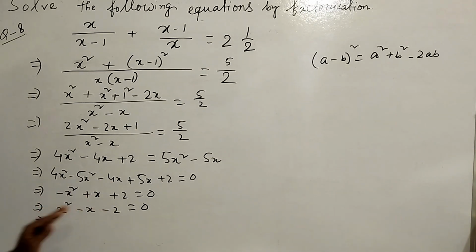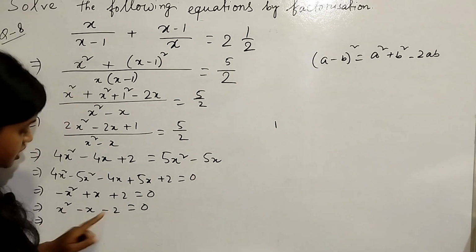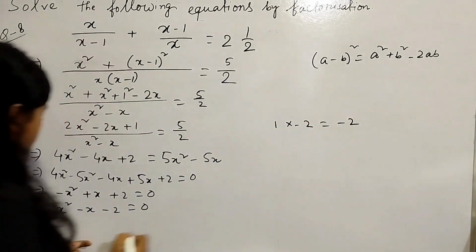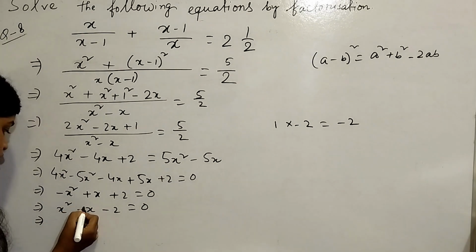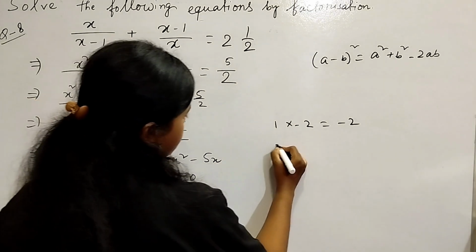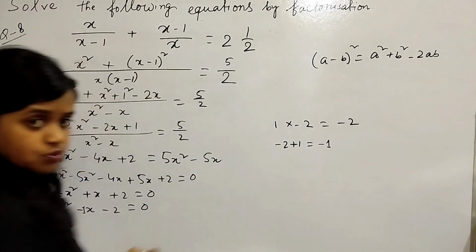Now we have to find the factors of this expression. The coefficient of x square is 1 and the constant term is minus 2. So the product is minus 2, but we have to adjust to minus 1 because the middle coefficient is minus 1. So you can write minus 2 plus 1, which becomes minus 1.